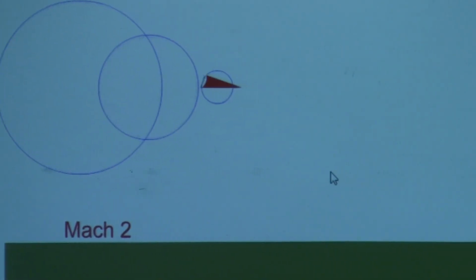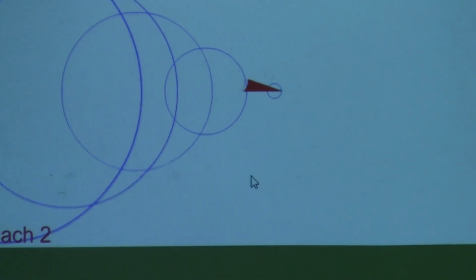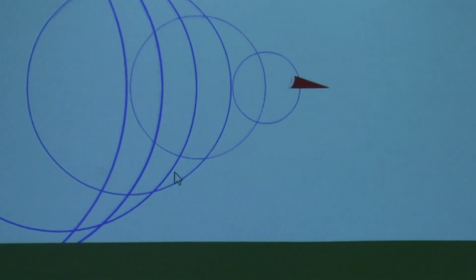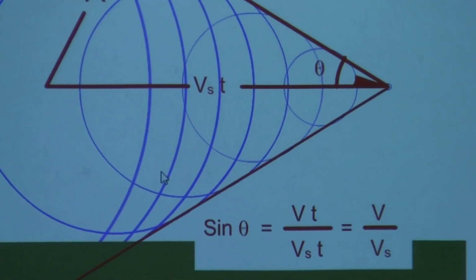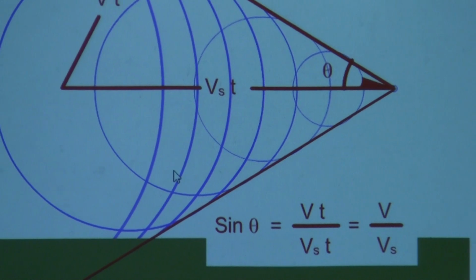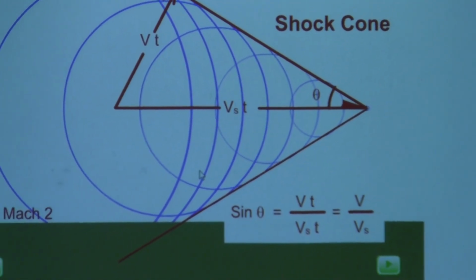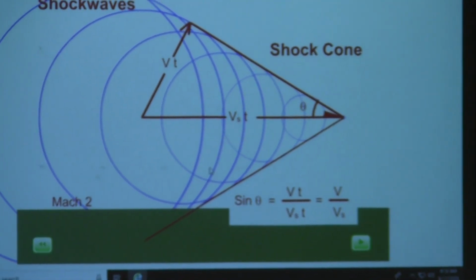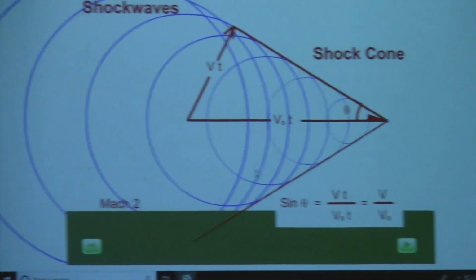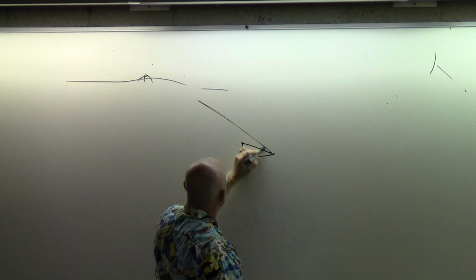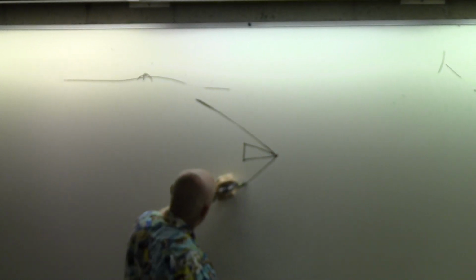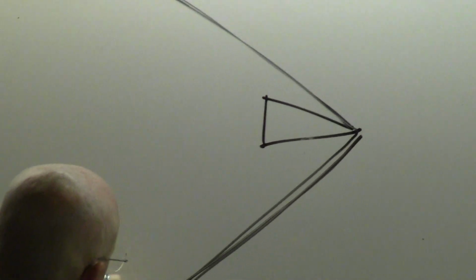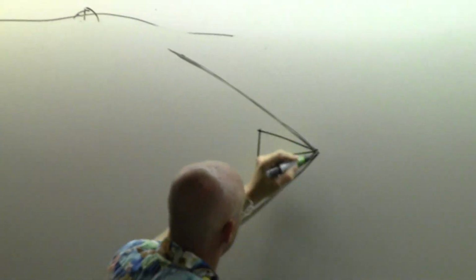If I was drawing a picture here on the board, any airplane, any bullet, any crack of the whip, any object going faster than the speed of sound would make this high pressure wave.